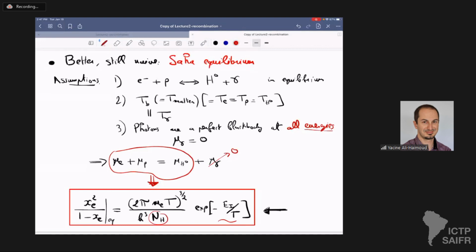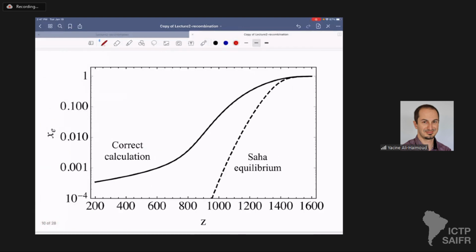Okay, so this is how this Saha equilibrium equation, if you plug it in, looks as a function of redshift. And the solid line would be if you have a correct calculation. And again, you see that this equation, which is much less naive than our first two estimates, is still vastly wrong in terms of getting the correct free electron fraction.